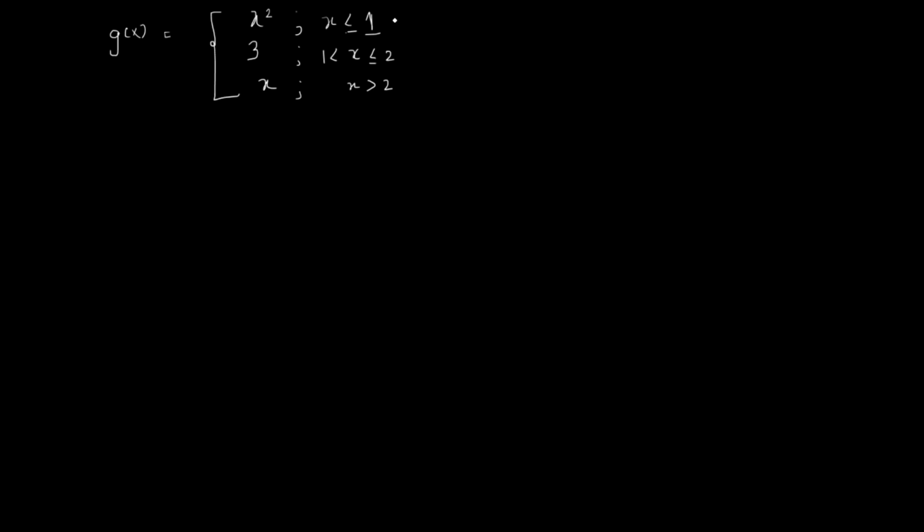So here we will have values less than or equal to 1, like 0, 0.5, and also 1, because there is an equal sign in this condition. So let's draw the graph for this one first. When x is less than 1, here is 1, here is 2, here is 3, 0.